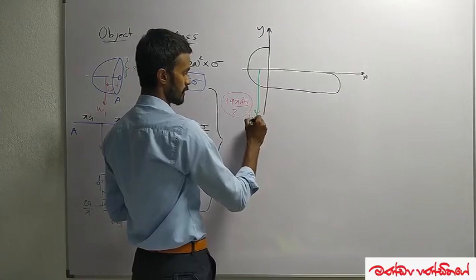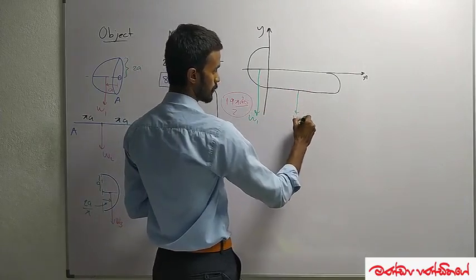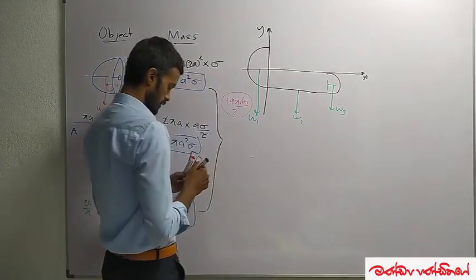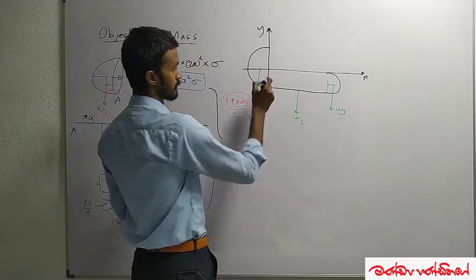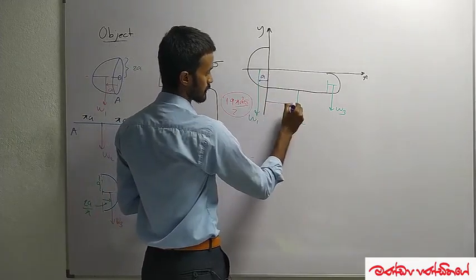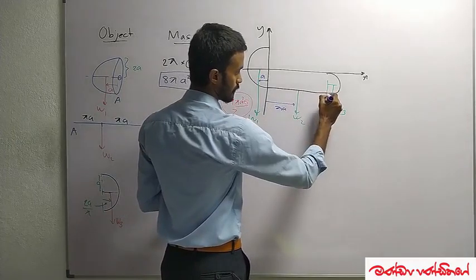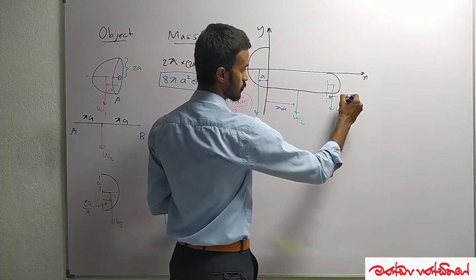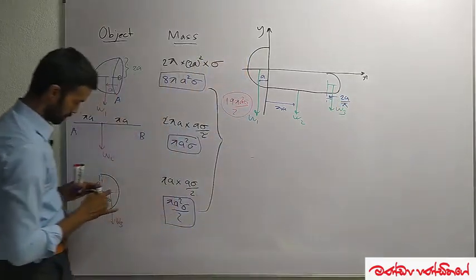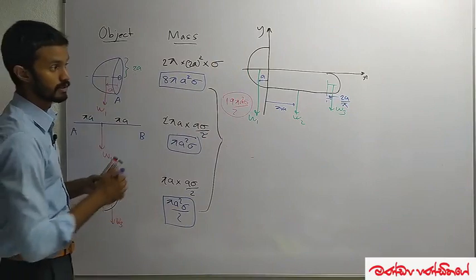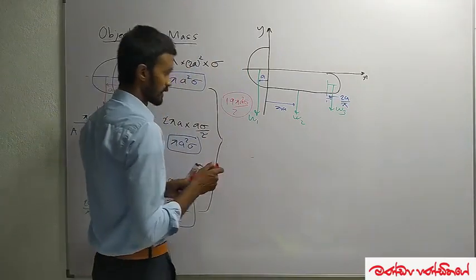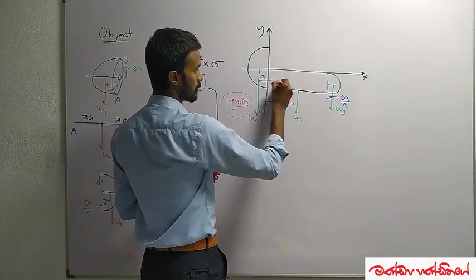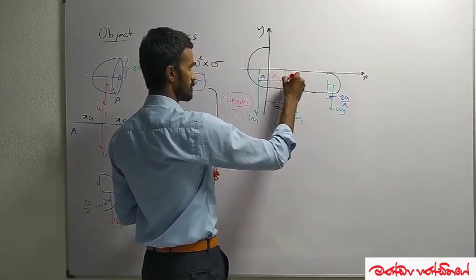I took this as W1, this as W2, and this as W3. I know the length from this one is a, this length is pi a, and this length is 2a over pi, which we even proved in the first part. I'm taking the center of gravity at a point somewhere like here, with the total weight, and I'm taking this distance as x bar and this distance as y bar.